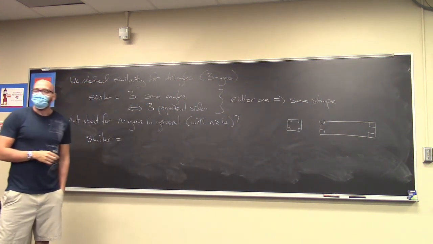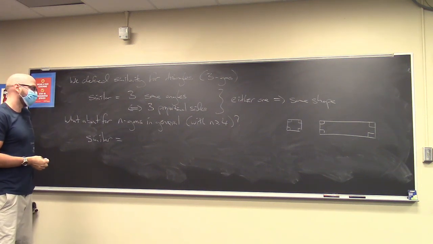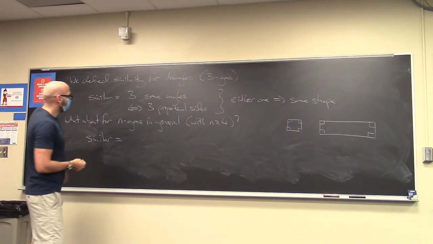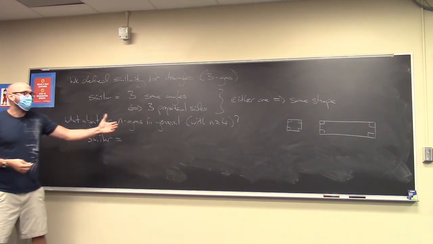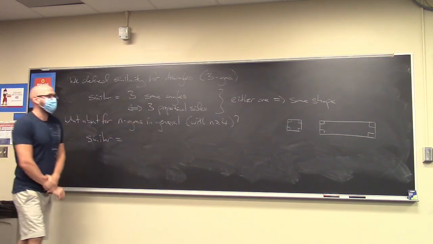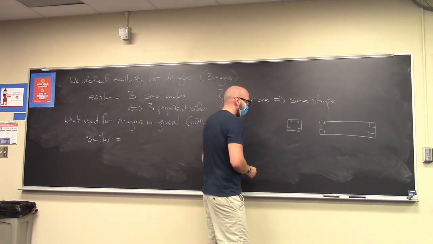Clearly those don't have the same shape, right? They shouldn't be what we think of as being similar quadrilaterals. So it's not enough to just say all angles are the same, because it doesn't really capture the idea. So having 4 of the same angles is not enough.